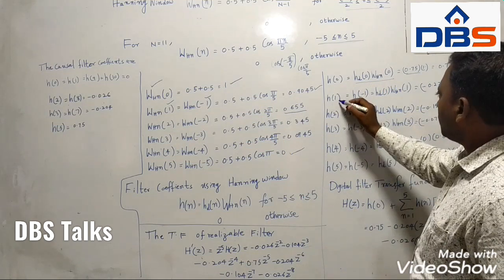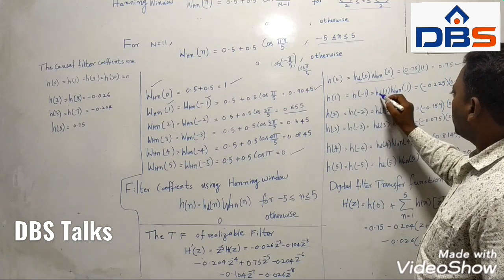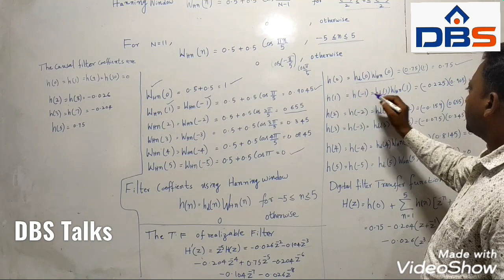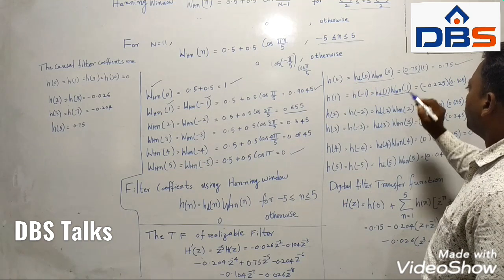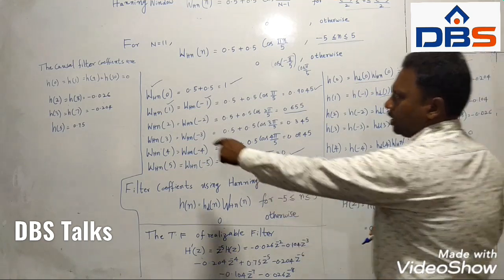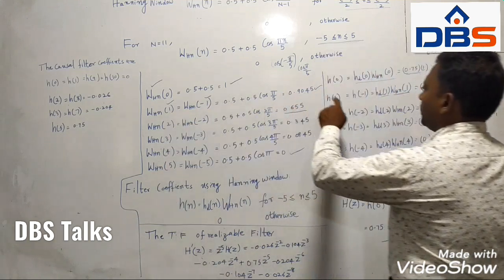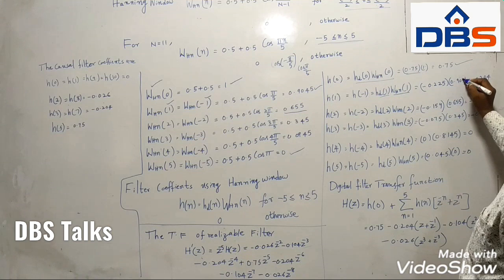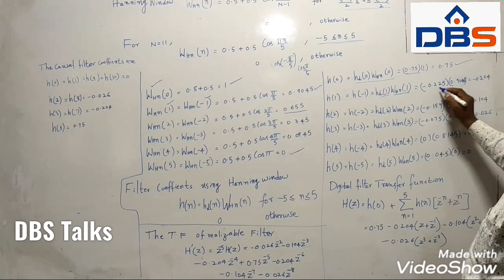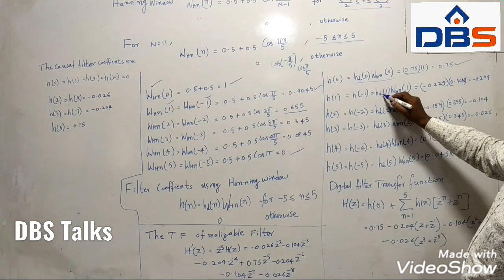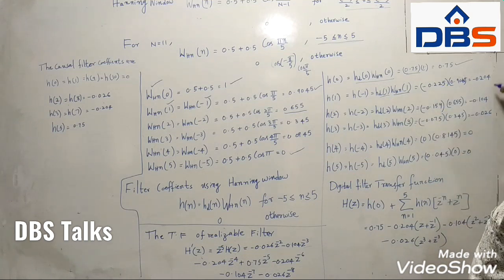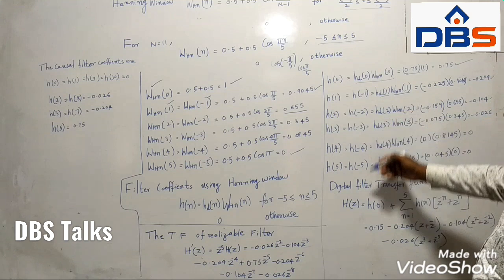Like that, h of 1 is hd of 1 times w hn of 1, and h of minus 1 is the same. w hn of 1 is 0.9045, and hd of 1 is minus 0.225, and you will get all these values for different values of n.